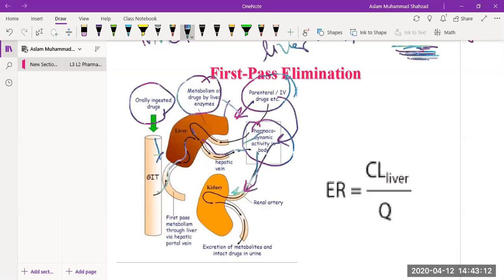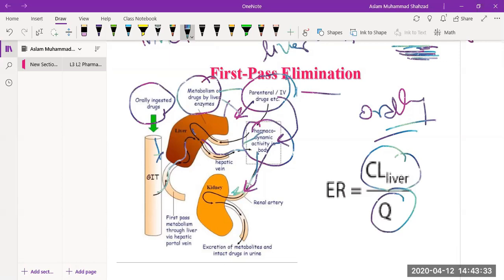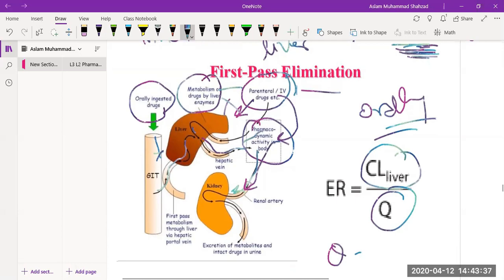You have to understand the difference between the first pass elimination and its role when the drug is given orally. To calculate the first pass elimination, we use the formula: clearance from the liver divided by Q, where Q is the hepatic flow.